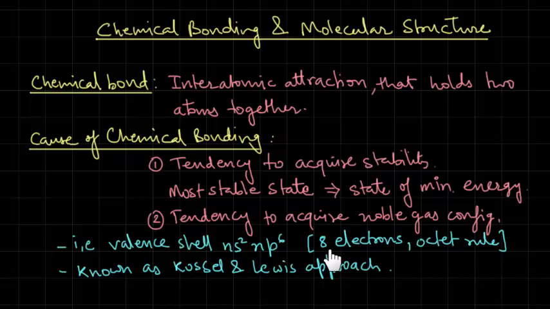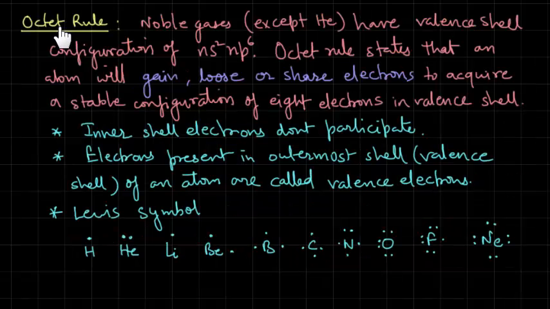So all the atoms will try to get 8 electrons in their valence shell and thus follow the octet rule. This approach is also known as the Kossel and Lewis approach. Let's formally define the octet rule.